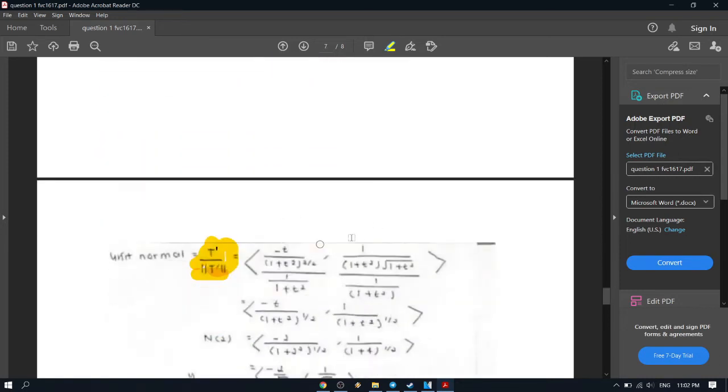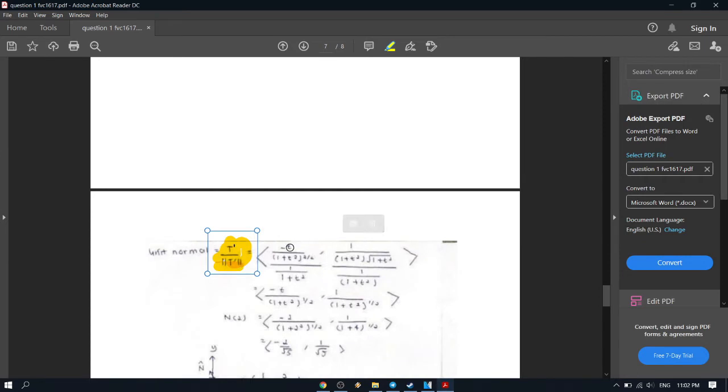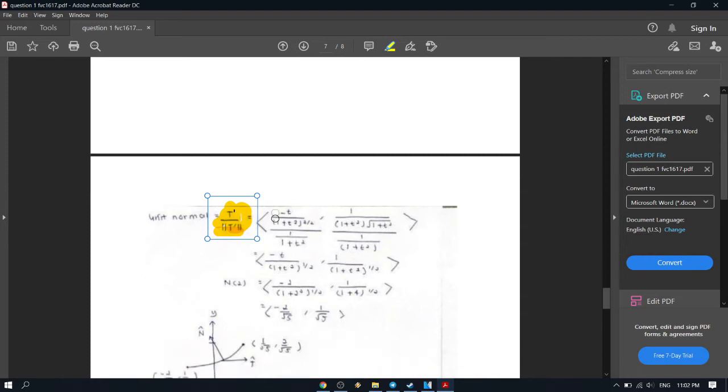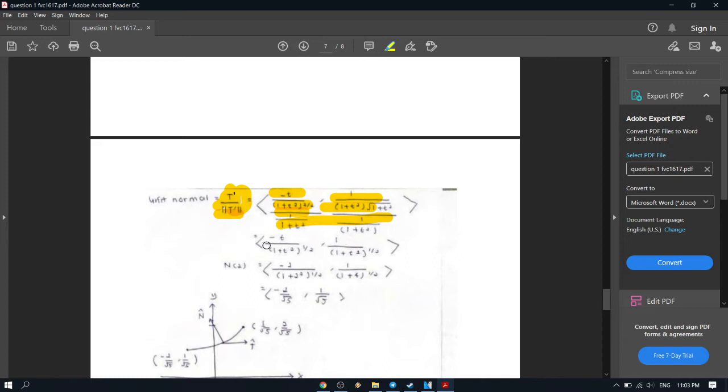And then we sub the value of the magnitude of the first derivative of T, and we divide it here, right? And then we simplify it, and we could get this unit normal in terms of t.